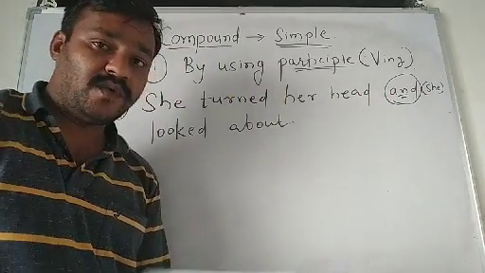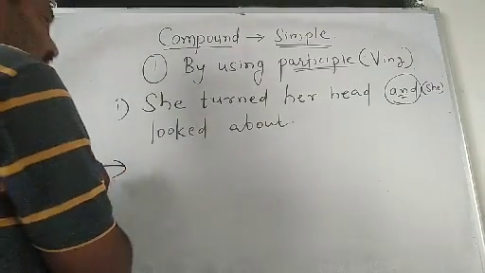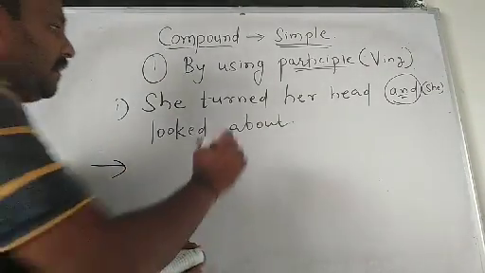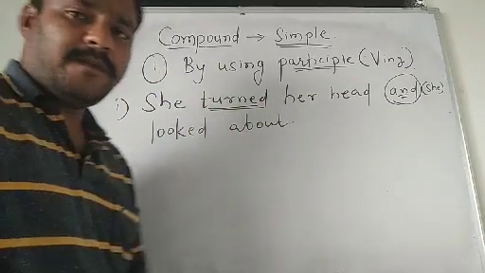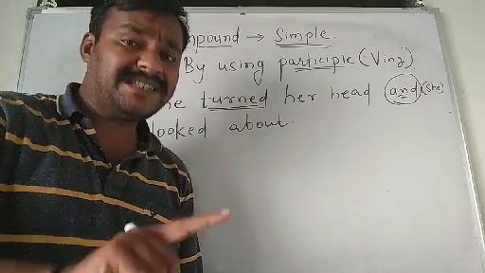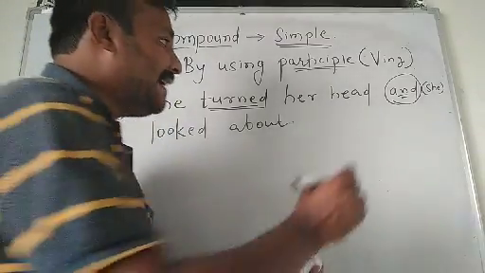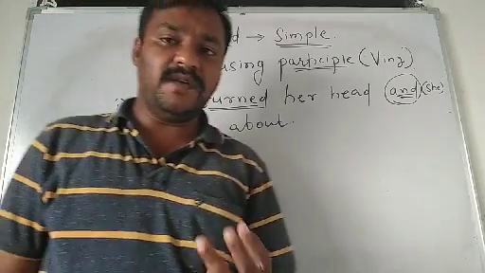So what do we have to do? How do we have to use the participle form? Look at this example here. Turn, second form or its first form, whatever the form of the verb which is used in the first main clause, before that linking word. There are two linking words I told you.